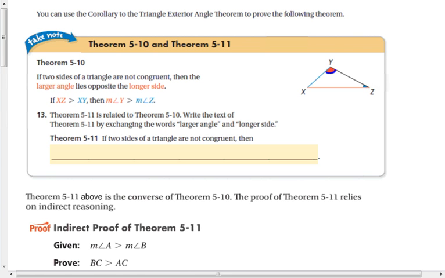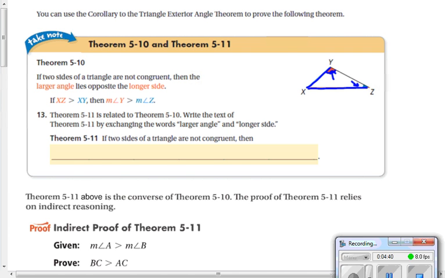As long as this side here is longer than this side here, then this angle right here must be greater than this angle. All right, so go ahead and fill in the answer to number 13 there.